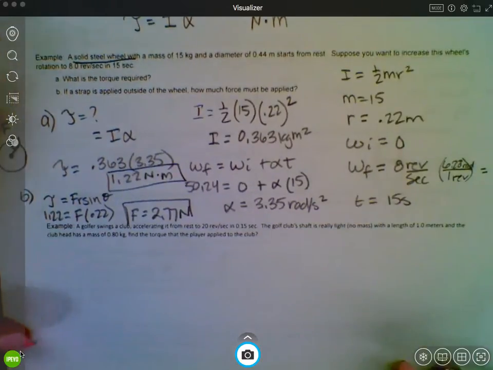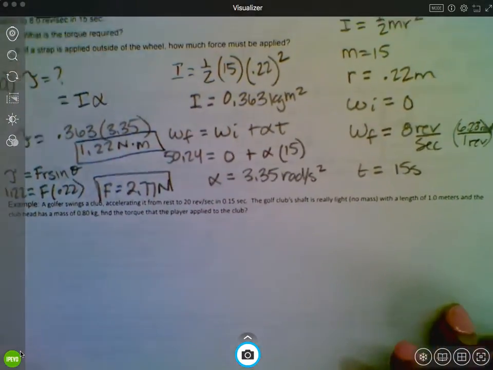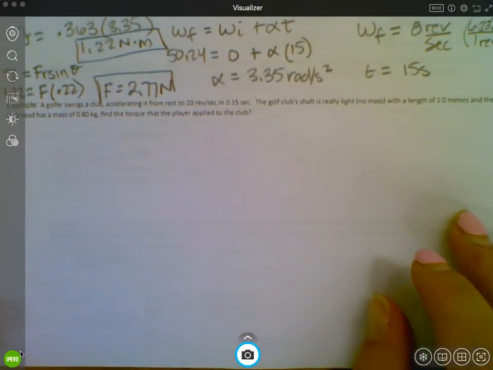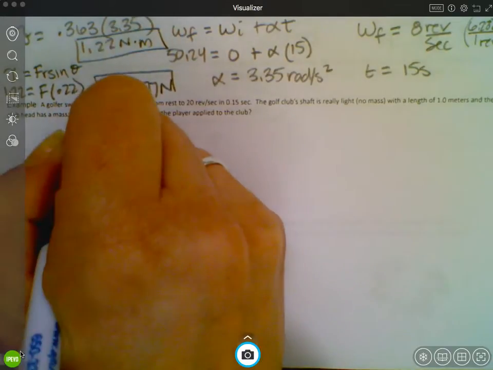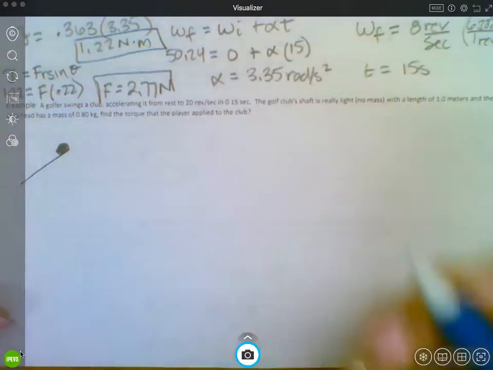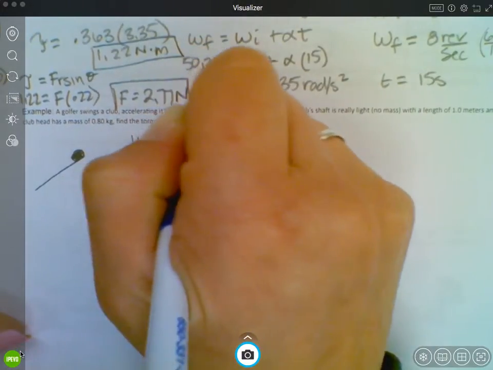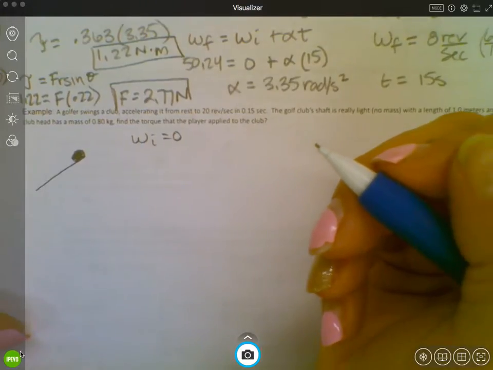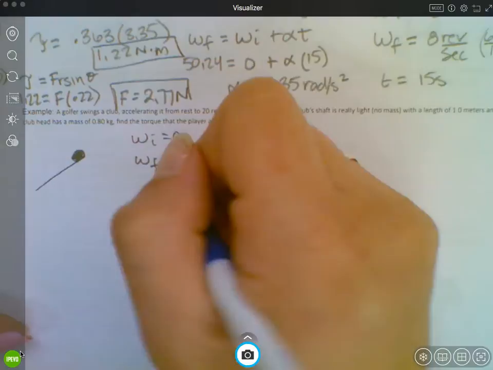Okay, let's do one more. A golfer swings a club. Okay, so here's the golf club. Accelerating it from rest to 20 revolutions per second.